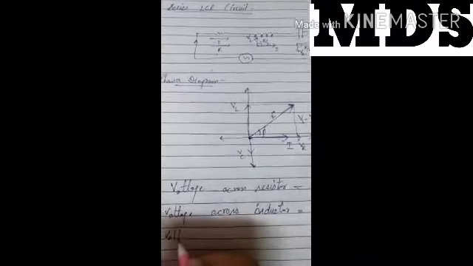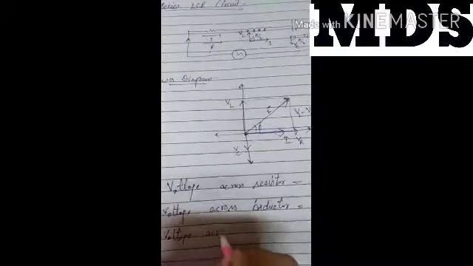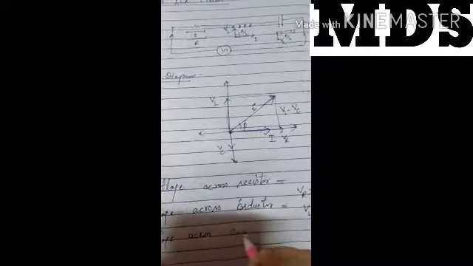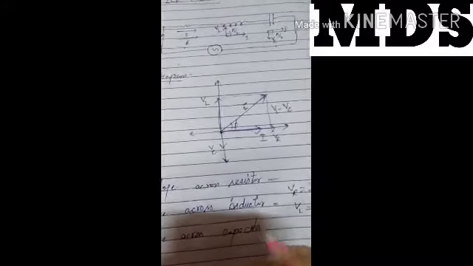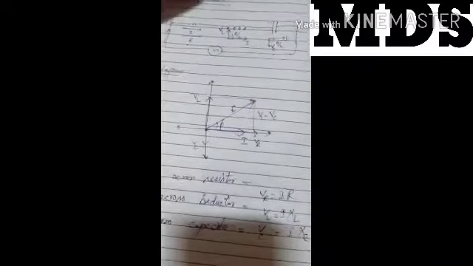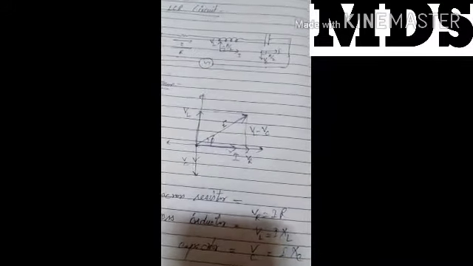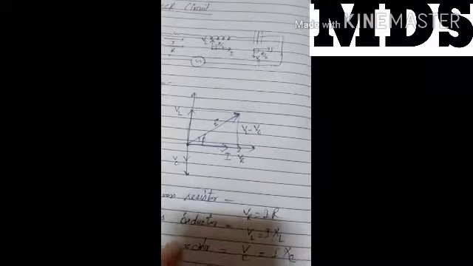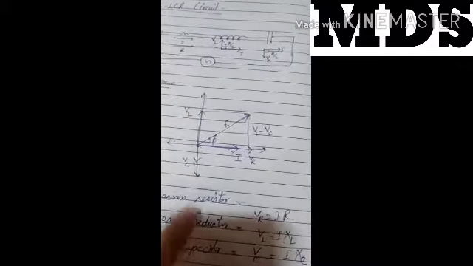Voltage across the capacitor, that is VC, we can write as I XC, where XC is the capacitive reactance. Now we can write that the phase difference between the inductor and the capacitor is pi by 2, and for the resistor it lies in the same phase.